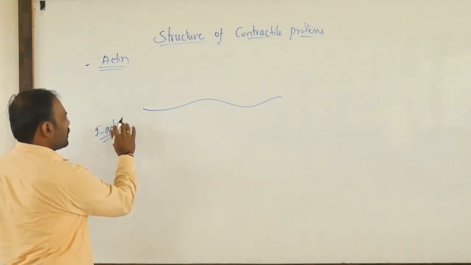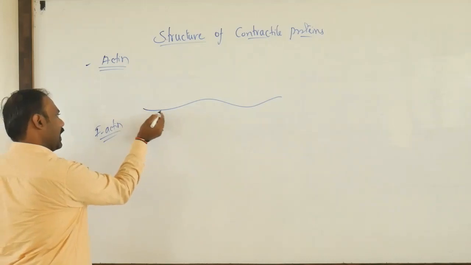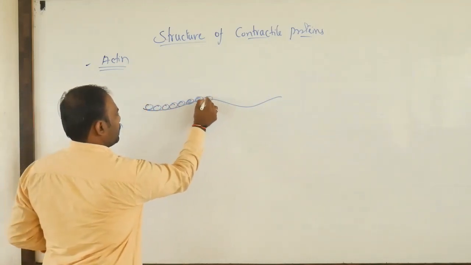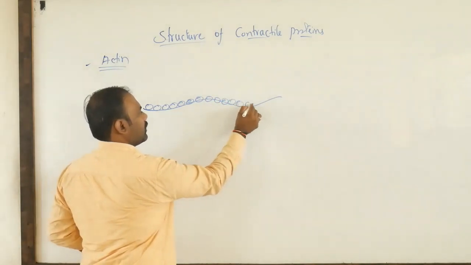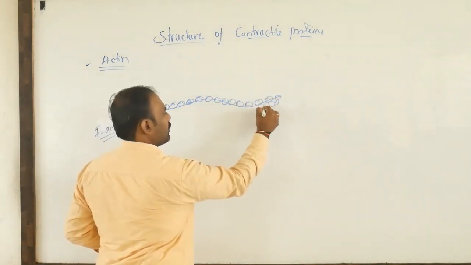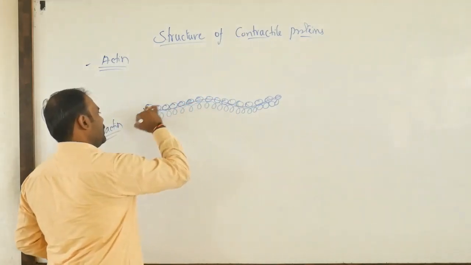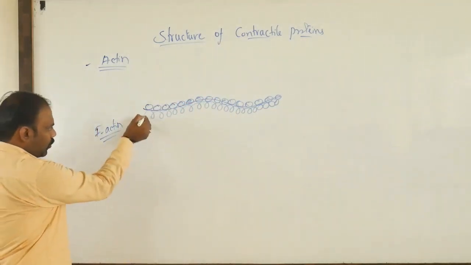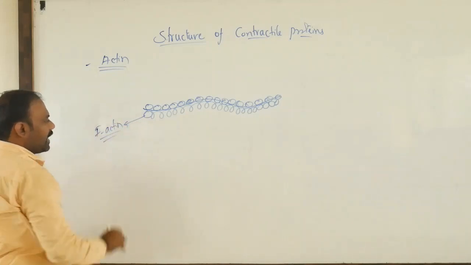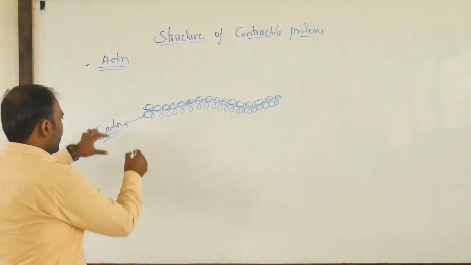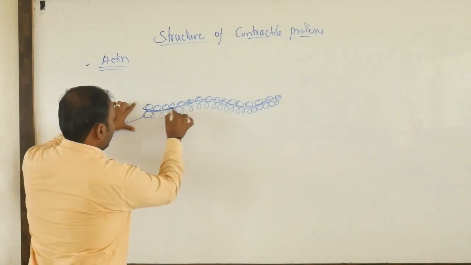Again, this line is made up of some globules, like this. So those globular proteins are called F-actin, and this is a thread-like structure. Here, can you see this?